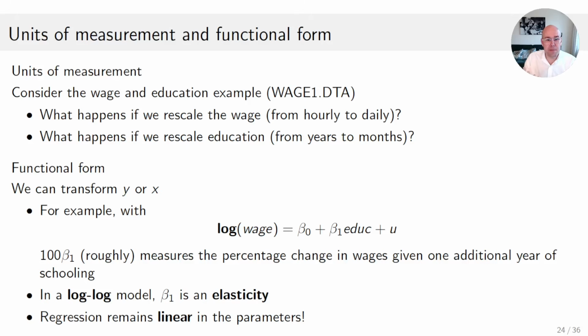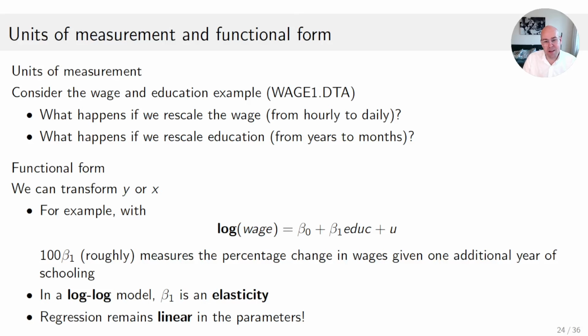Think about it. We have a linear relationship. Y is beta naught plus beta 1x plus u. And what we do now is we basically change the unit of measurement on the left-hand side. So from hourly to daily.